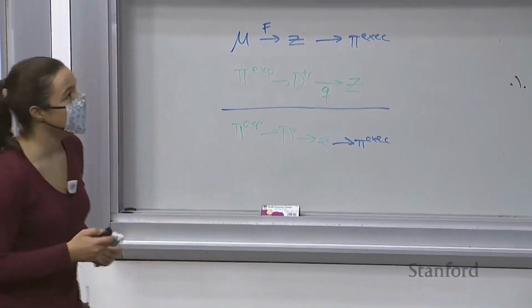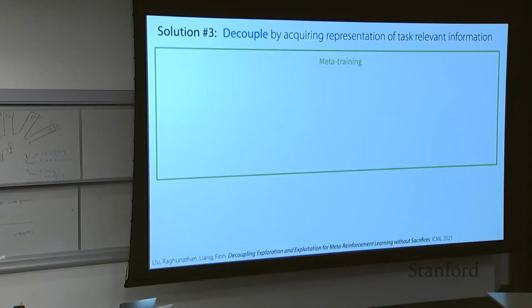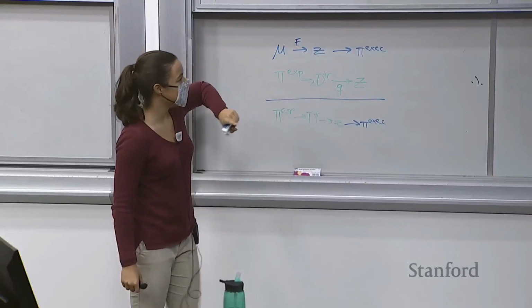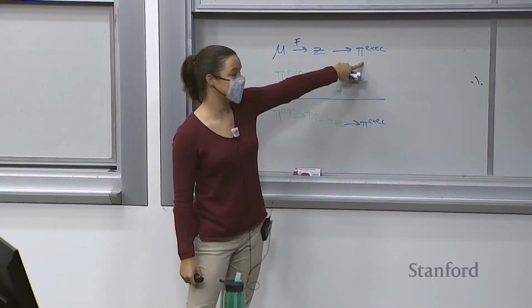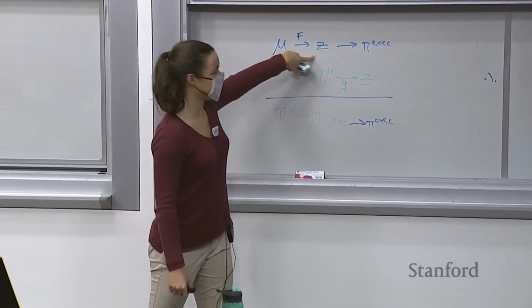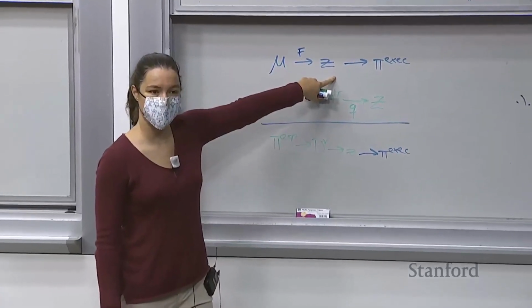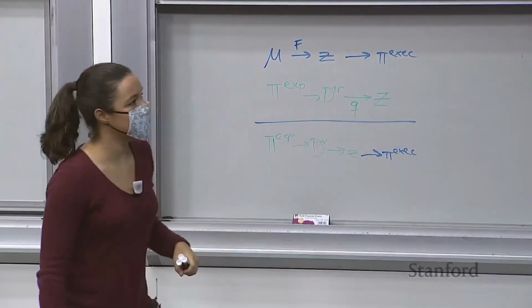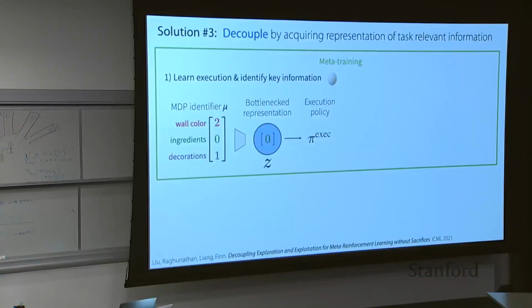In particular, there are 2 aspects of meta training. The first part will be learning this first model right here, which is going to both learn how to solve the tasks conditioned on the task ID, and also learn a good representation of the task in the process. This will essentially just train a policy conditioned on one-hots. We're going to bottleneck the representation on this intermediate variable z. The MDP identifier could be a big one-hot vector.